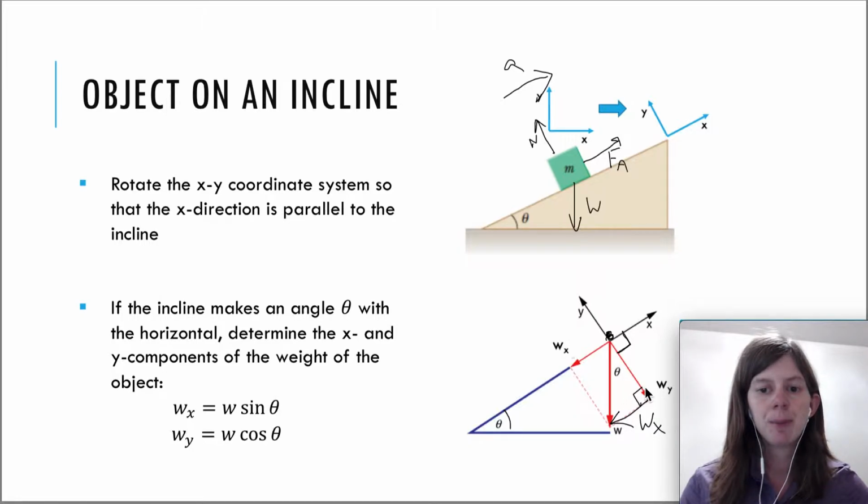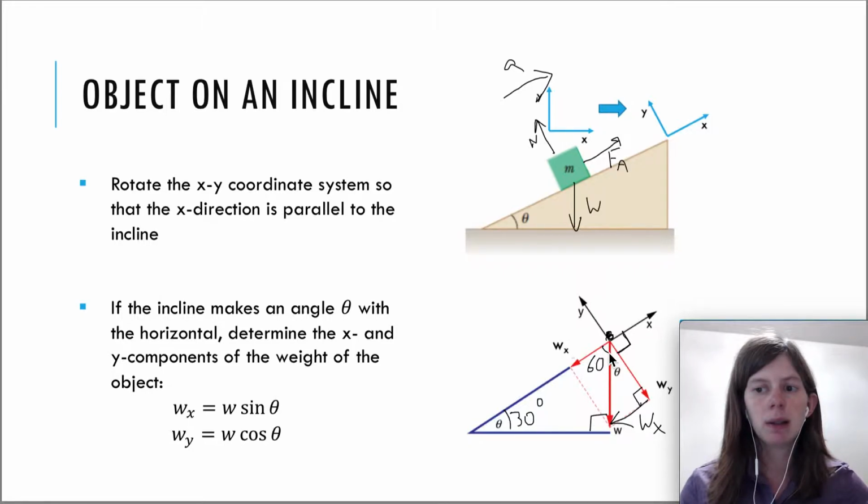Once you've done that, you'll realize that the given angle of the incline is the same as this angle here. The first time it's nice to see why that is, but after a while you're just going to remember that. The reason why this is so is because this is a right angle here, since the bottom of the incline is horizontal and the weight was straight down, so that's 90 degrees here. If this is theta, let's just say 30, just to make it simpler, then this would have to be 60 over here because you have to have 180 degrees in your triangle.